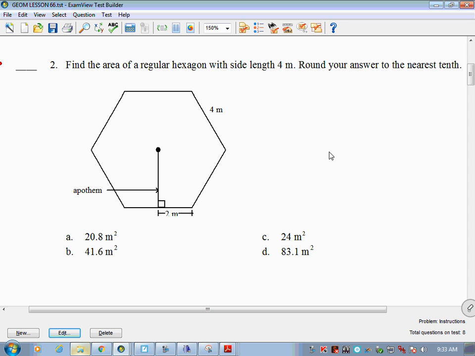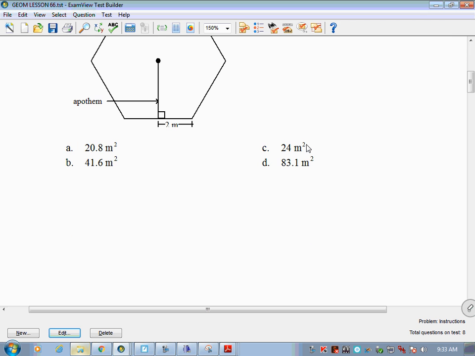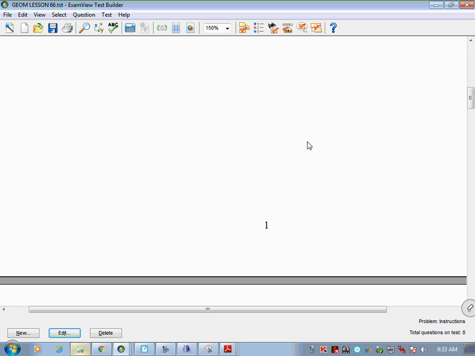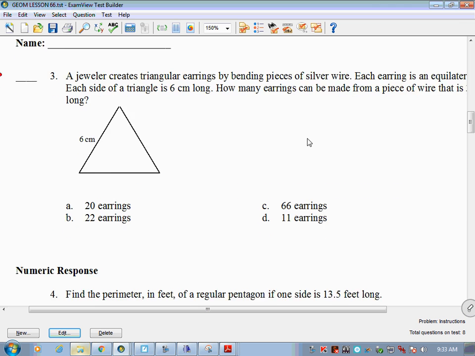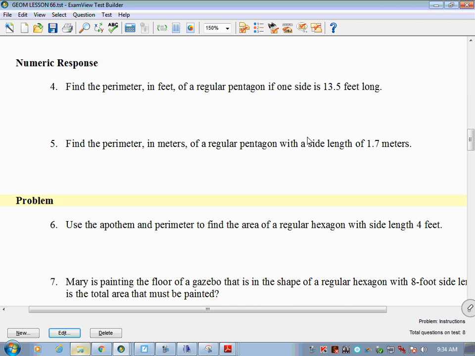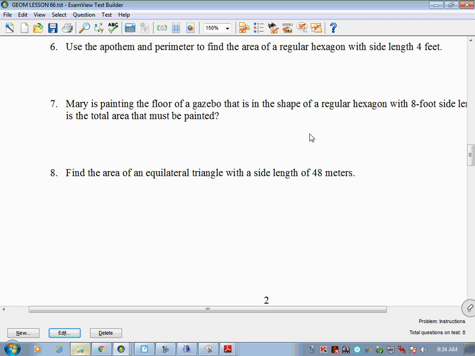So, am I going to get the exact same area? Yeah. It's going to come out exactly the same. So, it's going to end up being 41.6 meters squared. So we're not going to actually do question number 6 because it's the same thing. You could also write that as 24 radical 3. But let's look at number 7.